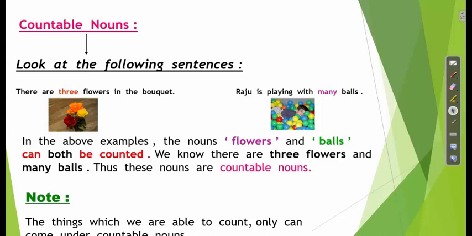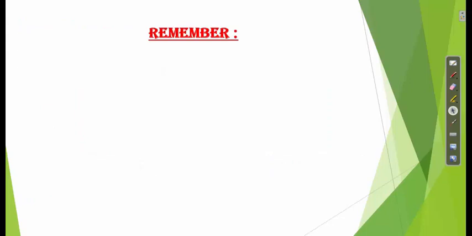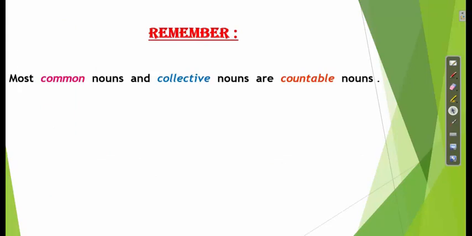Let's see some more examples. Remember, most common nouns and collective nouns are countable nouns.